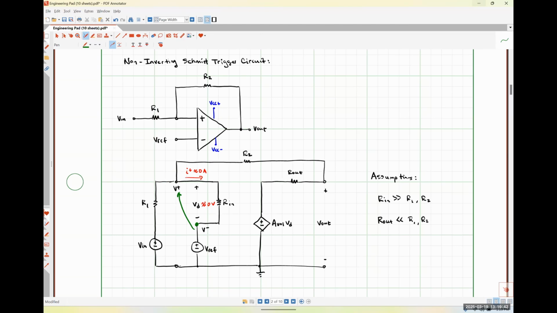So I got that by just doing essentially Kirchhoff's voltage law. So if VD is incredibly small and V reference is like 2 or 3 volts, then V plus is going to look like that V reference value plus or minus a nanovolt or two, which isn't enough to actually bother about. Okay.